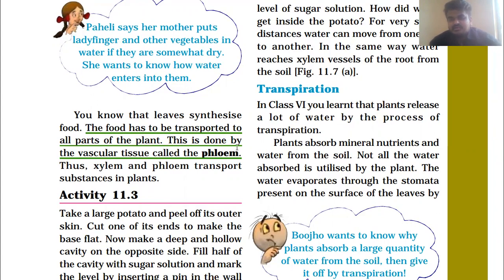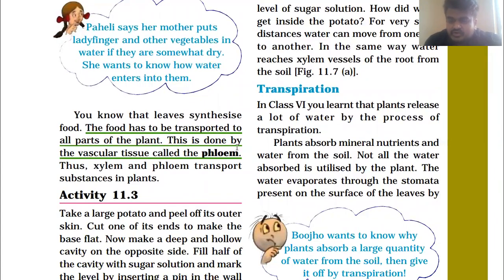To make food, plants use water and minerals, or nutrition. But are they using all the water and nutrition absorbed with the help of roots or not? Simply, not all the water absorbed is utilized by the plant.